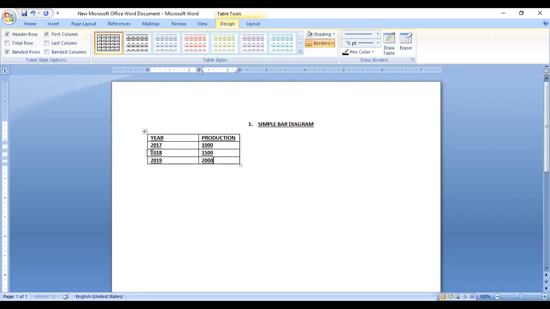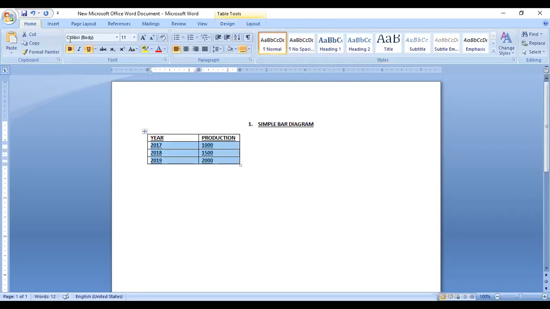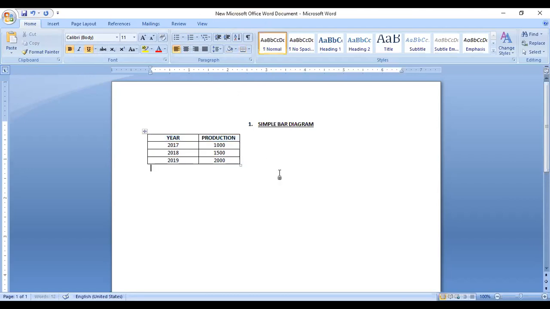This is the production. Now simple bar diagram, how to draw?